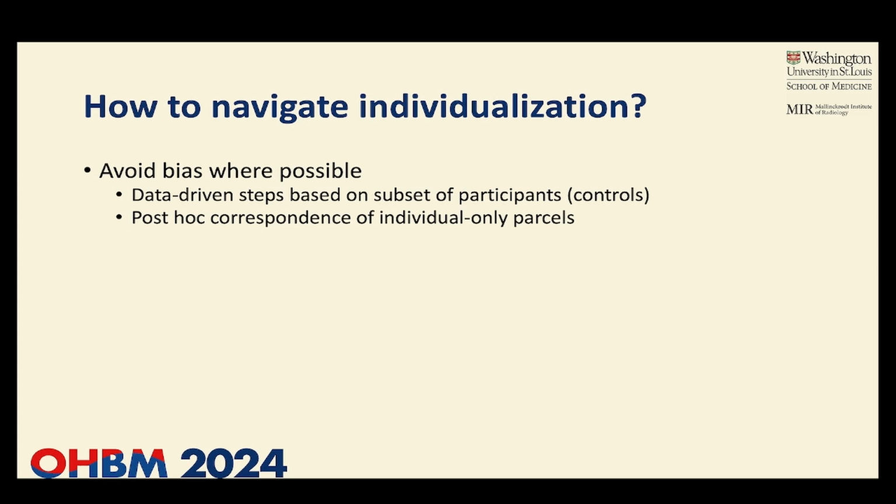When you're doing a data-driven definition of networks, for example, using independent components analysis, don't drive that by some subset, for example, only your controls, because that's going to introduce bias, because the group average solution is going to look systematically more like your controls than your patients. And also this post hoc correspondence, driving a parcellation or a network definition from individuals only and then trying to match them to each other post hoc, can run the risk of apples to oranges comparisons.